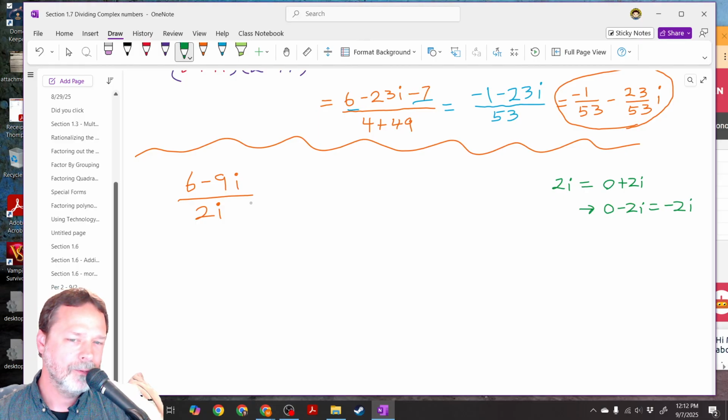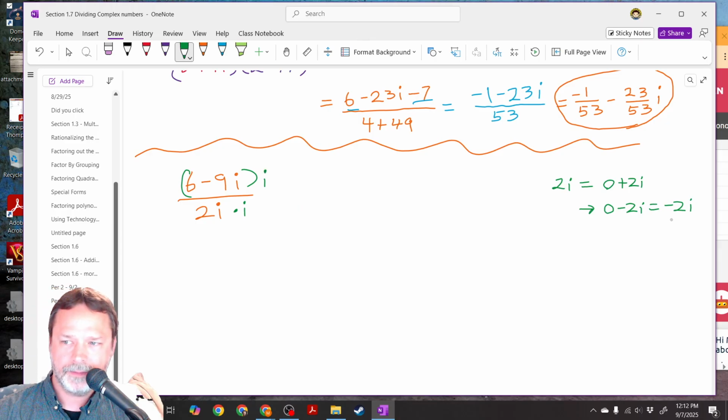But why do all that work when we just want the i's to go away and all you have is an imaginary part? There's no real part. Just multiply top and bottom by i. And as a fun exercise, I encourage you to do both. Multiply by negative 2i in top and bottom, and multiply by i in top and bottom. See if you get the same answer. You will, as long as you reduce at the end.